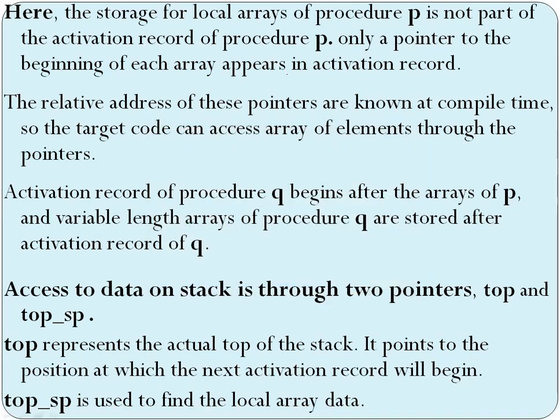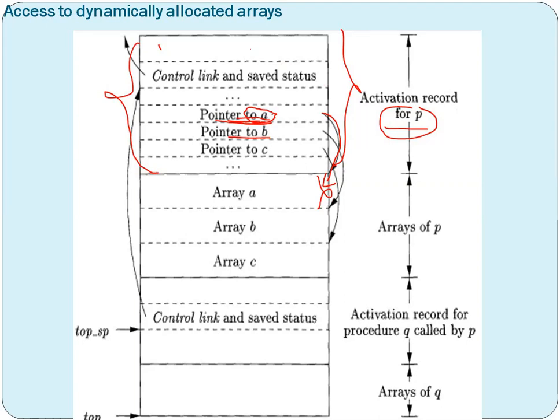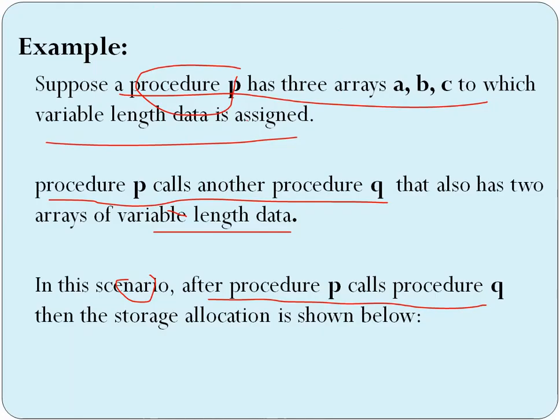So here the storage for local arrays of processor P is not part of the activation record of processor P. A belongs to the activation record of P, but its storage is placed outside the activation record, while its pointer is maintained in the activation record.